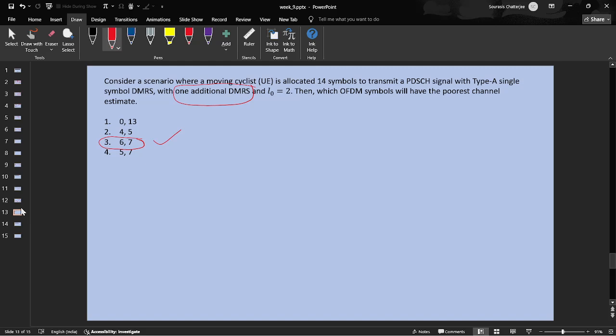I understand your point. You are mentioning that in that case also, 0 and 13 both will be valid, right? Because what is being transmitted in symbol number 2, I don't know, because my current symbol is 0, so I cannot estimate my 0th symbol channel condition using the second symbol. And by the time I reach the 13th symbol, the power will already be less.